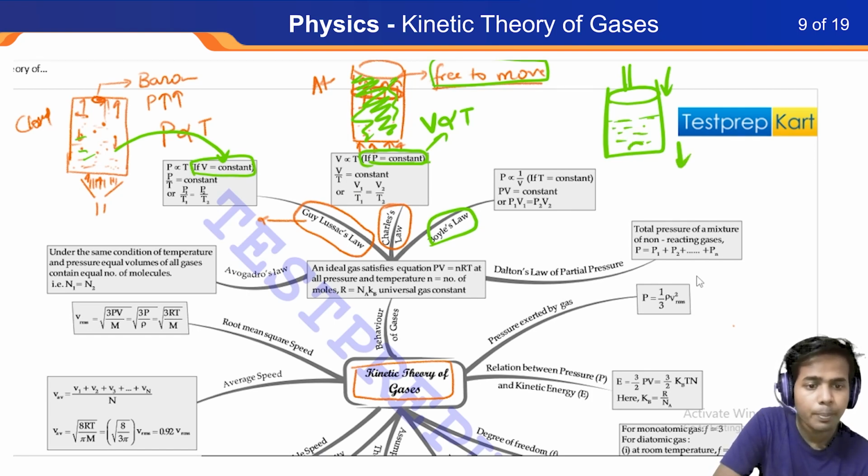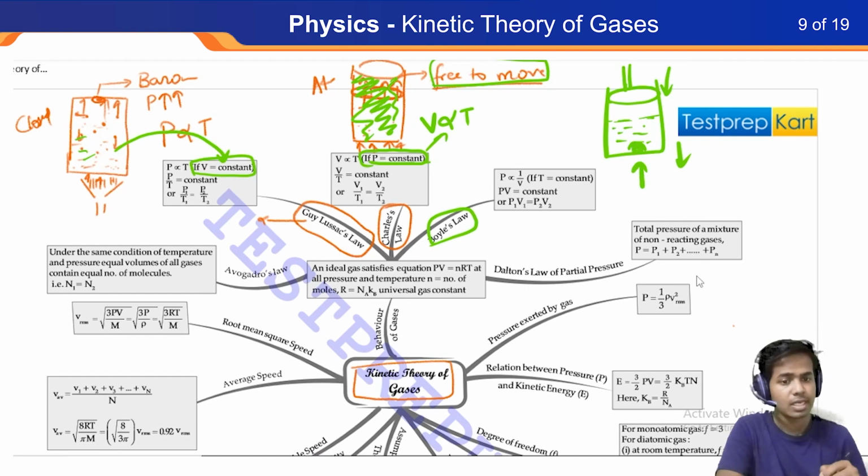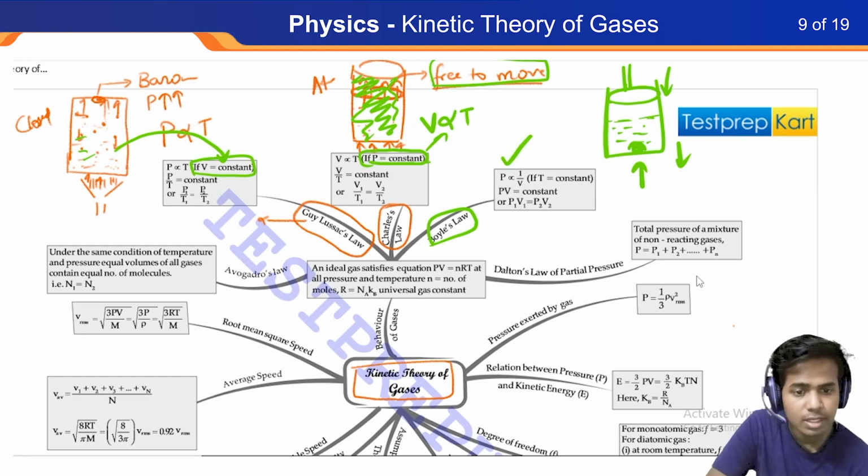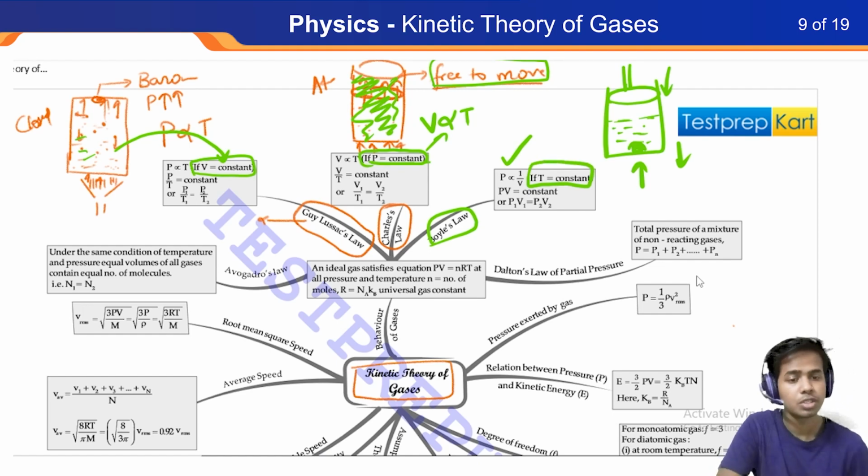But the barometer inside it gave the reading that as the volume decreases, the pressure increases. So pressure is inversely proportional to volume, and that's why he gave Boyle's law. And you also have to consider the condition for this, that temperature must be constant. If the temperature rises or decreases, this law will actually not hold good.